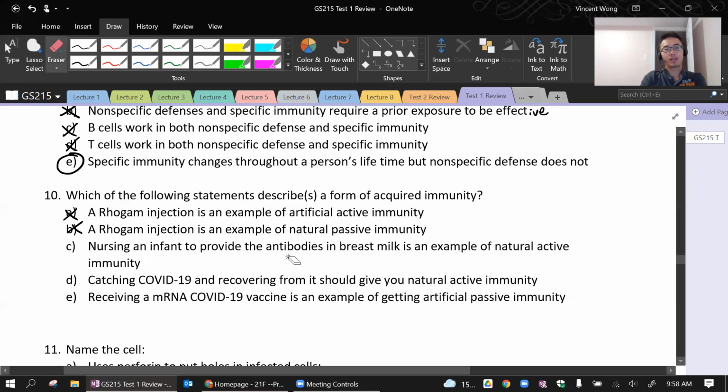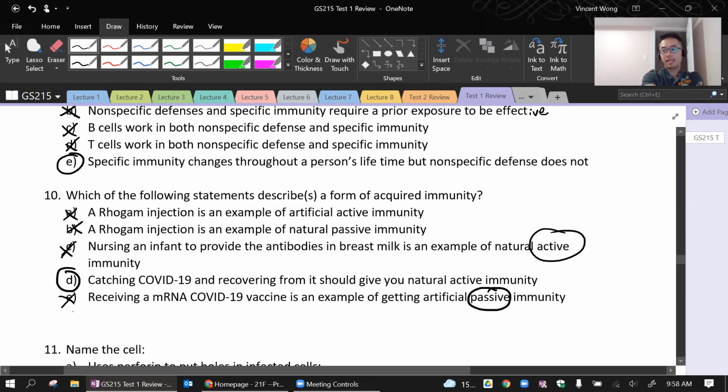Nursing an infant to provide the antibodies in breast milk is an example of natural active immunity. That's not true. It should be natural passive. Catching COVID-19 and recovering from it should give you natural active immunity. That's the correct answer. Receiving mRNA vaccine, that is getting artificial active immunity because you still have to make the antibodies yourself.